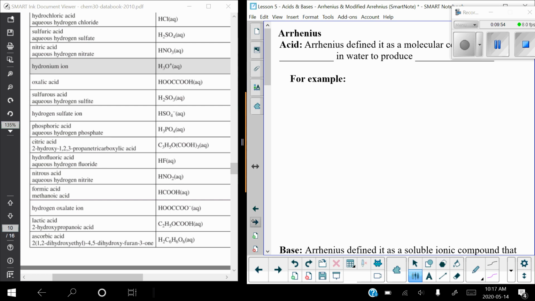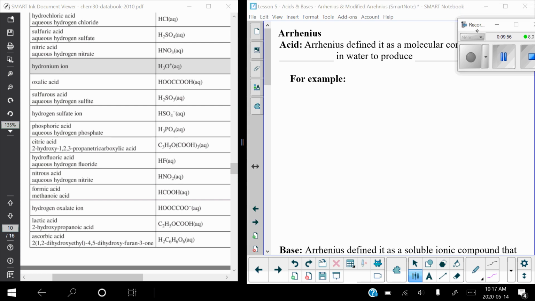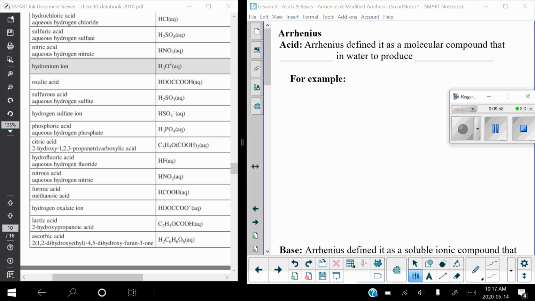Okay, let's talk about Arrhenius. Arrhenius defined an acid as a molecular compound that ionizes in water to produce H plus.